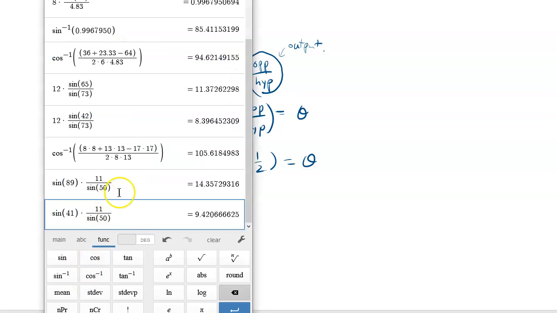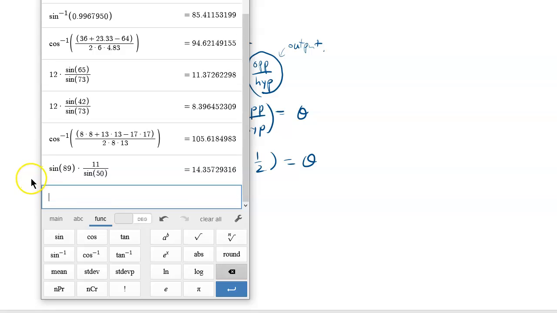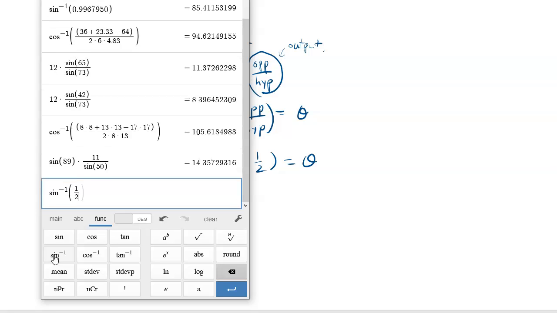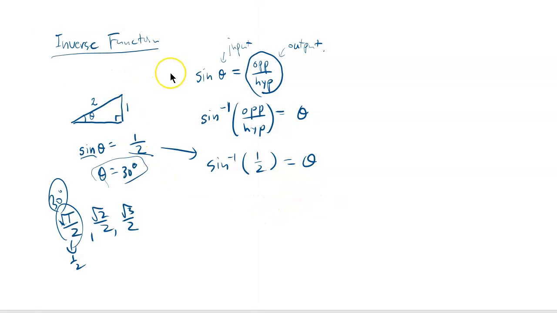I use this thing called the Desmos calculator, but if you are taking an exam, you're most likely using a scientific calculator or graphing calculator. So let's assume you're using a scientific calculator. You have sine inverse of 1/2, and make sure you're in degree mode so that you get degrees, and the answer is 30 degrees. So you get the angle theta as 30 degrees by using the inverse function.